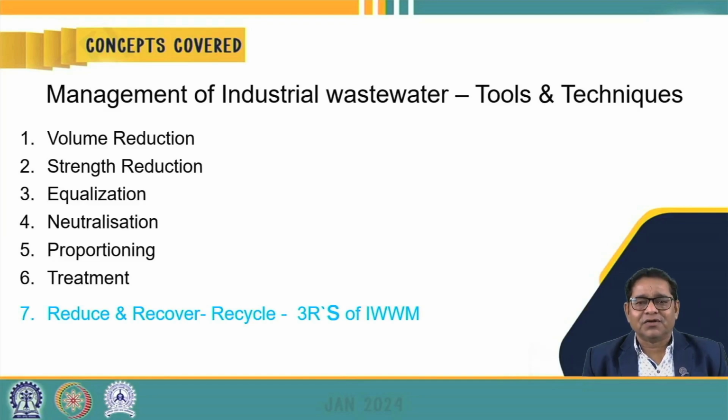Then we have equalization. As we know, in the industry we have different processes and different operations, which generate different types and different amounts of wastewater throughout the day. Some processes run in batches, some are continuous. Sometimes a large volume of wastewater is generated when one batch is completed. So there are no uniform characteristics reaching the treatment plant, and any treatment plant we design needs to be designed for an average composition and average flow rate.